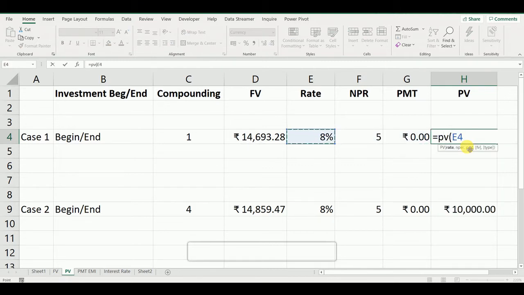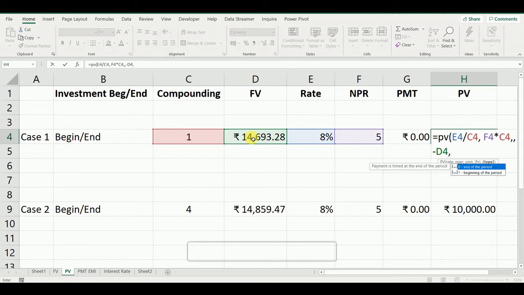Now 8% is our rate of interest divided by compounding. Now comma. Now we have to give the number of periods. Here the number of periods is 5 years into the number of compounding. Now comma. Our PMT is 0, so we can leave it blank, and future value is our 14,693, so we will select minus 14,693.